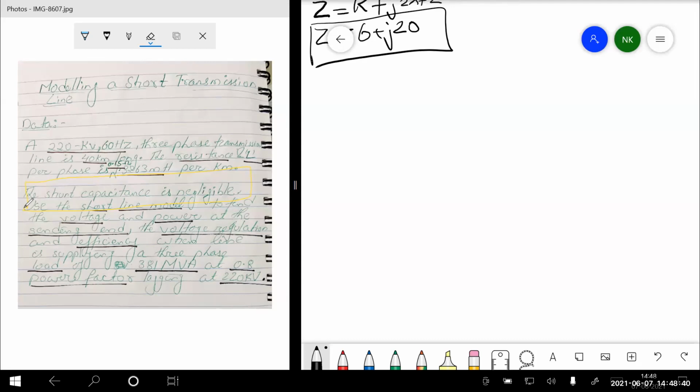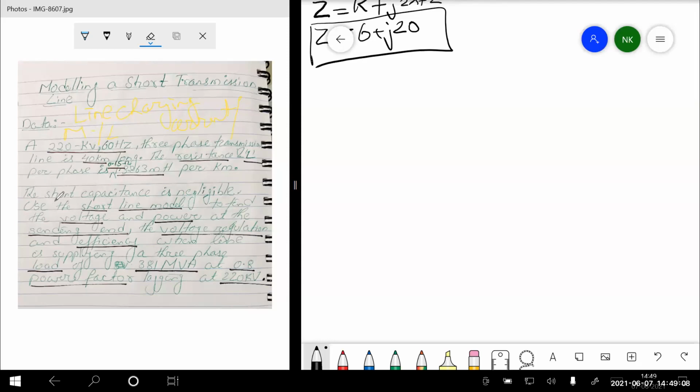I will tell you a small thing you have to understand and clear out with principles. Line charging current, as it is there in medium and long lines, is absent or negligible.